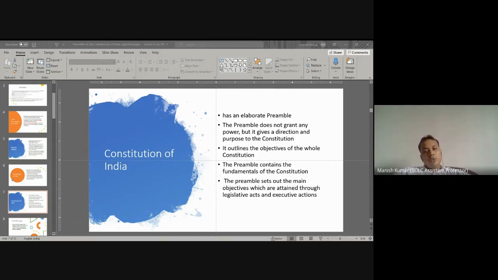The preamble contains the fundamentals of the Constitution and sets out the main objectives which are attained through legislative acts and executive actions.